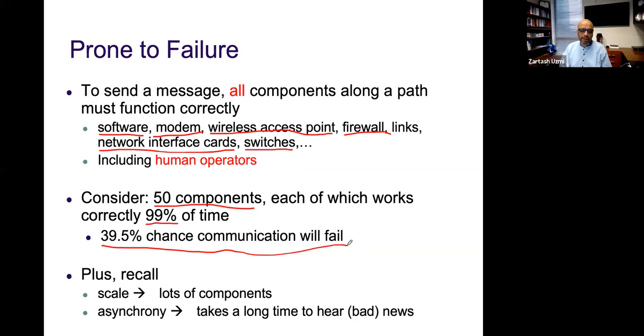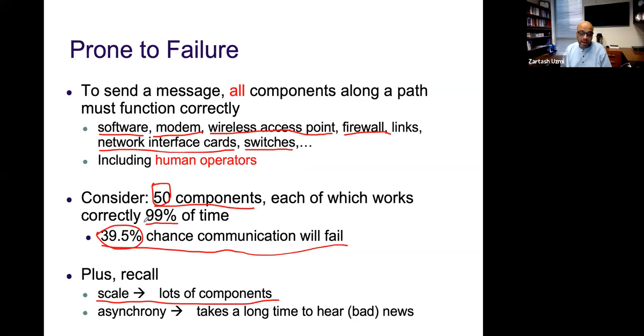So also recall that the internet is prone to failure. Also recall that the scale of the internet is very, very large. There are lots and lots of components. This probability is as high as 40% because we have too many components here. If there were only 2 components, the probability of success would be very close to 98%, 99%.